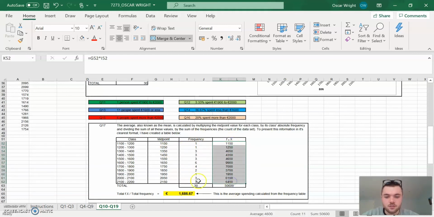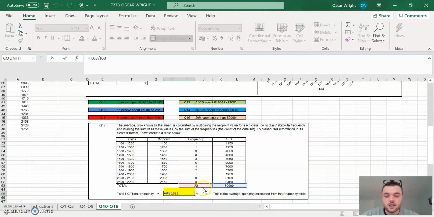And then at the total, we have 50,600. Now that's our total, so that's each of our 30 results with their midpoint values taken into account. But now we need to divide that by 30, as we want to find the average value, not just the total value. So you can see the formula for this.